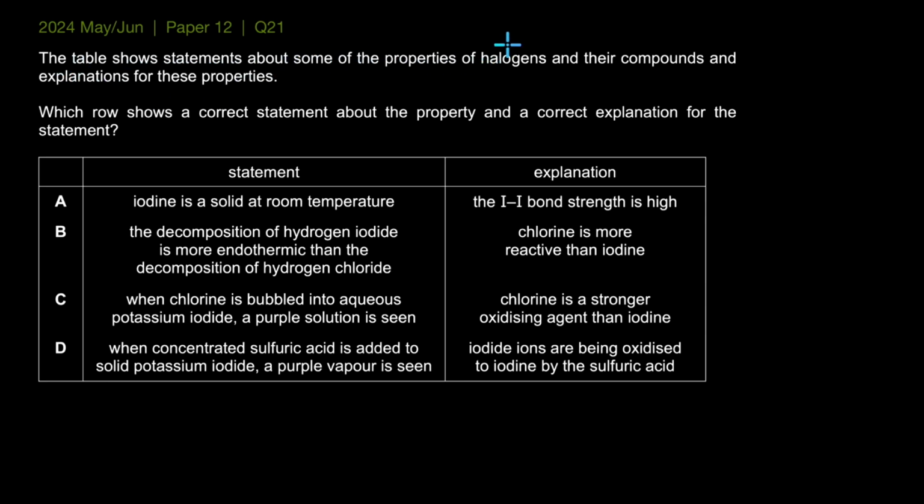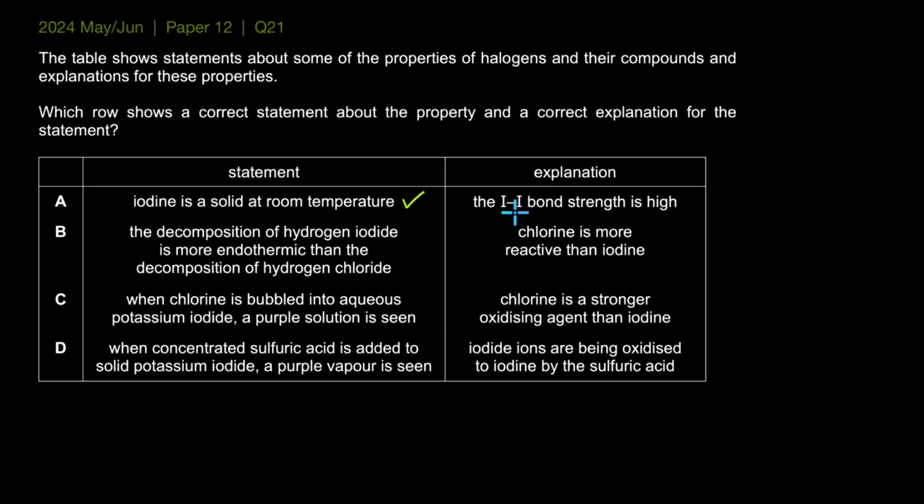Now this question says the table shows statements of the properties of halogens and their compounds. They're different random properties and each has a different explanation. So it's not even one section. So which row shows the correct property and the correct explanation? The first one is iodine is a solid at room temperature. That is a true statement.